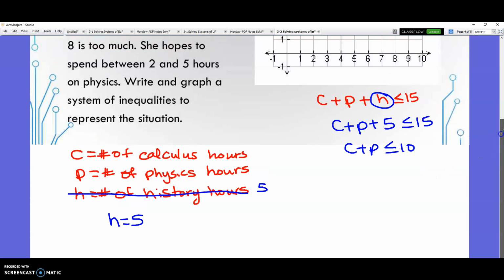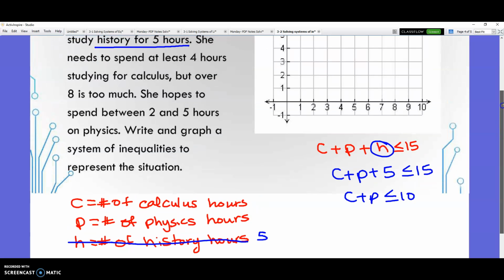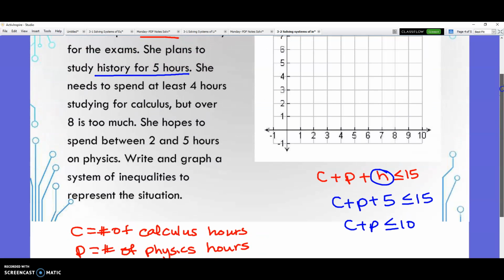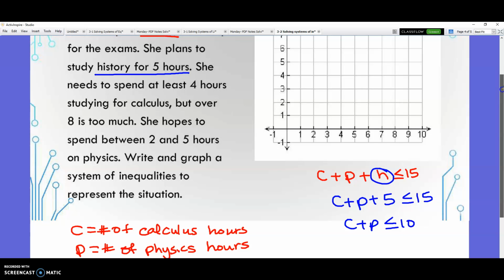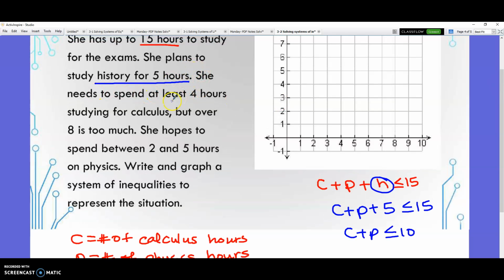Okay? So we really only have two variables, C and P. The number of calculus hours that she studies and the number of physics hours that she studies. She needs to spend at least 4 hours, so more is welcome here.